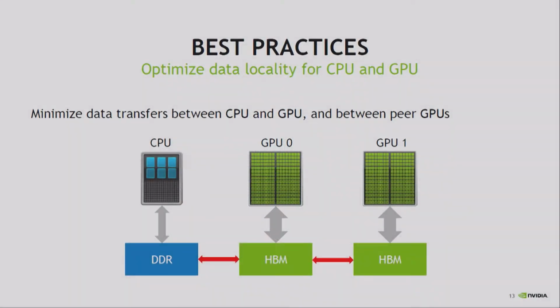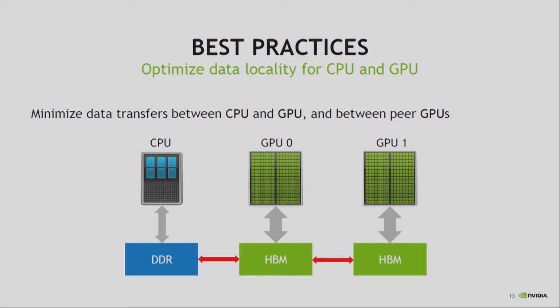Now, the first thing to look at is that you have developed an algorithm that is parallelizable with a lot of threads. The next thing you should think about is how to distribute the data or computations between all your GPUs and all your CPUs in the system.